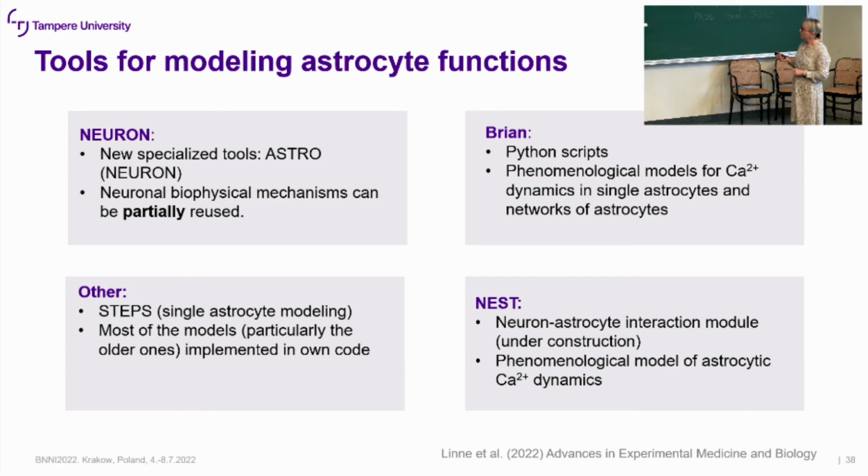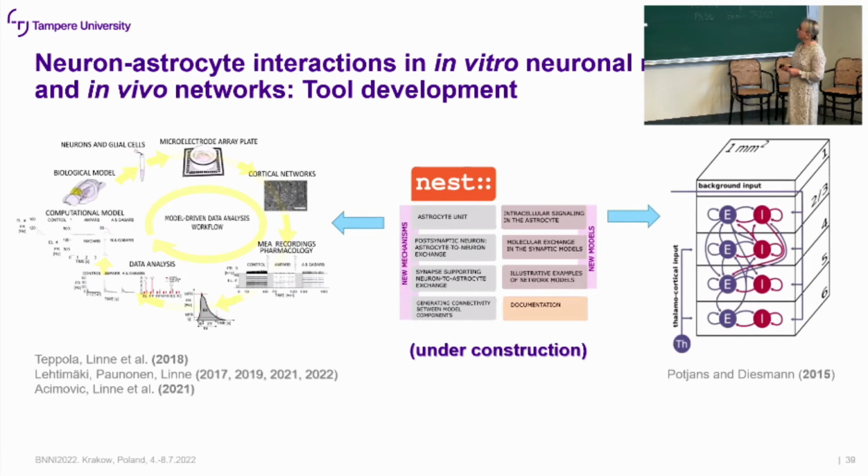And now we are extending NEST to have phenomenological modeling of astrocyte calcium dynamics, and this is under construction. It's work together with the people in Jülich, and this is more like tool development. And we would like to model these kind of systems that were introduced to you by Dirk Schubert yesterday.